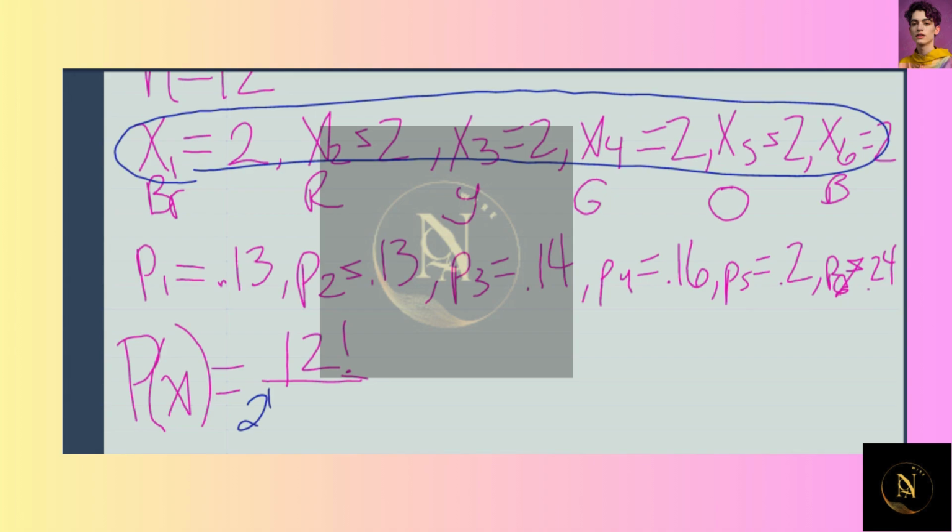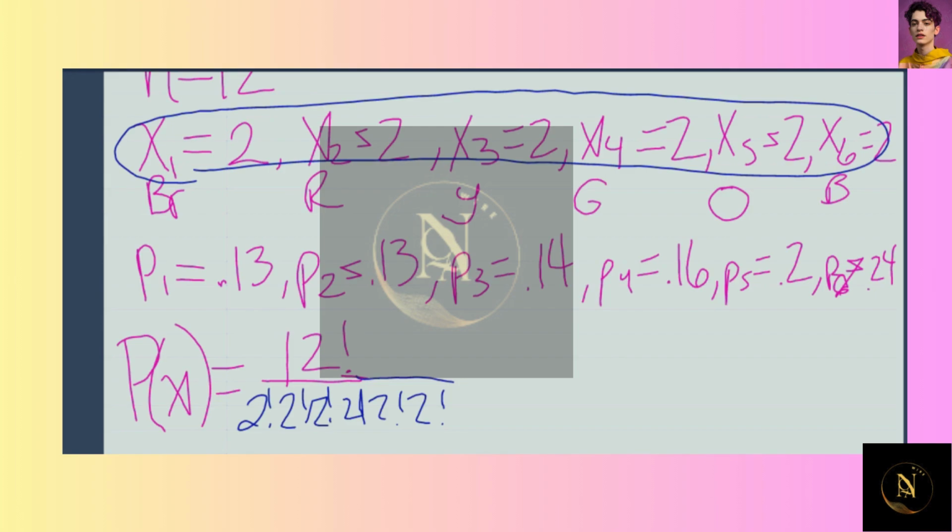So it's 2 factorial, 2 factorial, 2 factorial, 2 factorial, and one more. Okay, so we have all of that.